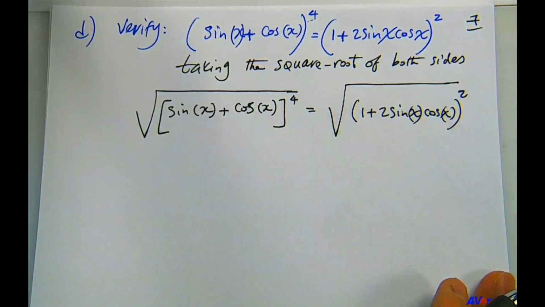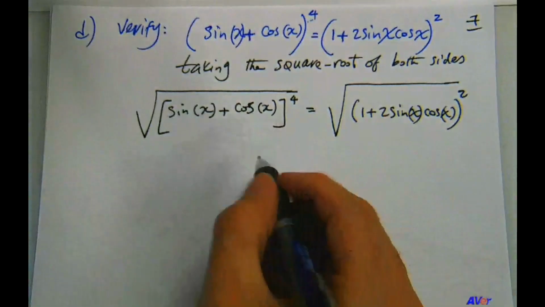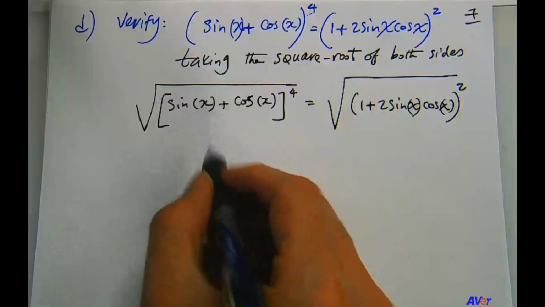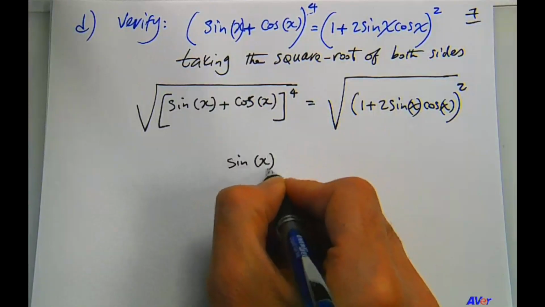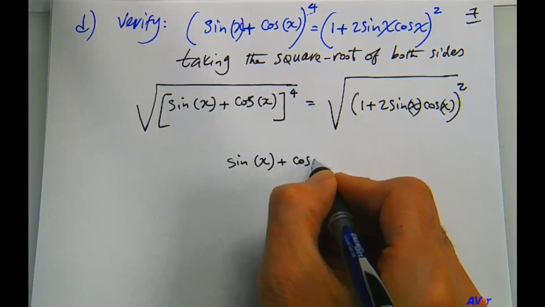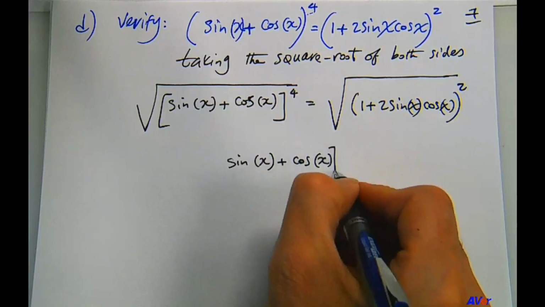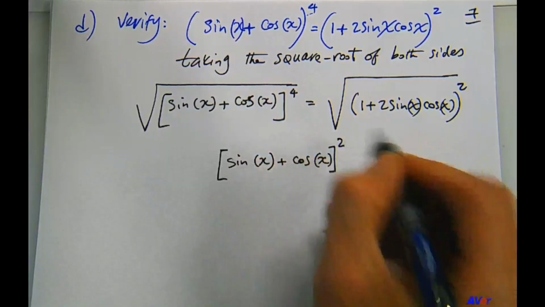Just taking the square root of both sides. And what do we end up with? We end up with (sine of x plus cosine of x) squared, right?